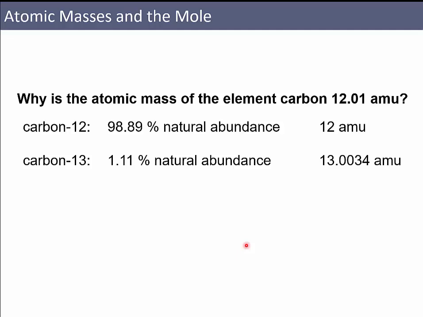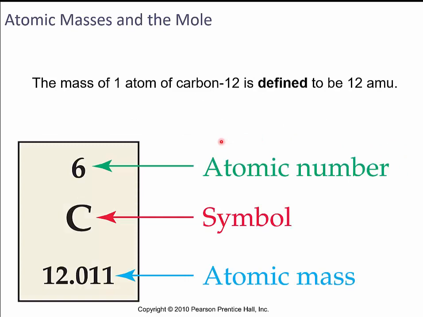In nature, 98.89% of carbon exists as carbon-12, which has 12 atomic mass units by definition. So we're basing all of our atomic masses around carbon-12. Carbon-13 is 1.1% natural abundance, so that has a mass of 13.0034 atomic mass units. Carbon is really important because the mass of 1 atom of carbon-12 is defined to be 12 atomic mass units.